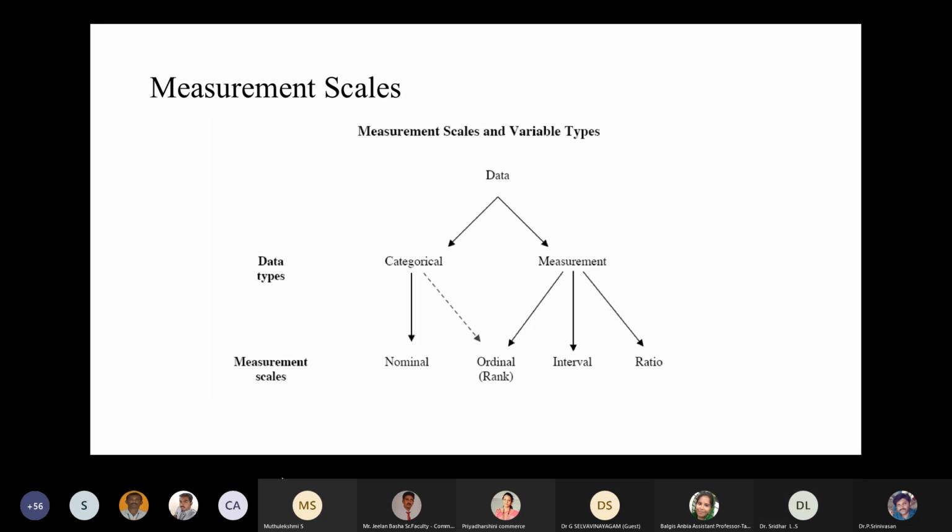Categorical is like the natural categories, just male and female, just natural categories. And what you see is that we make classifications like PG, UG.